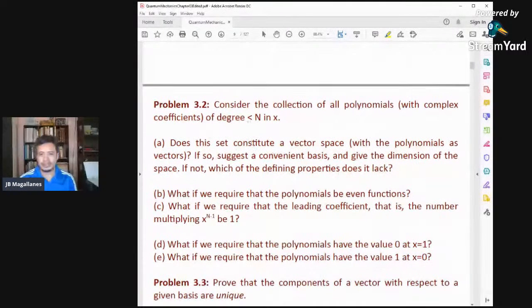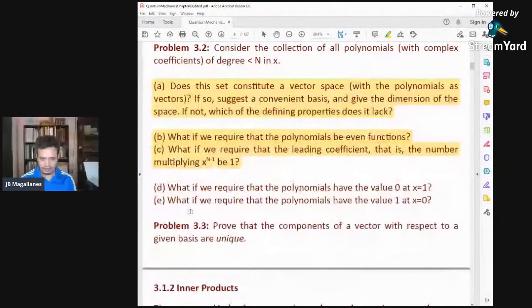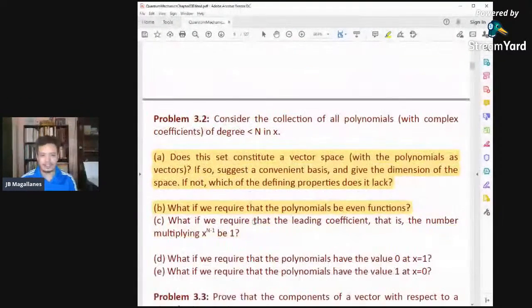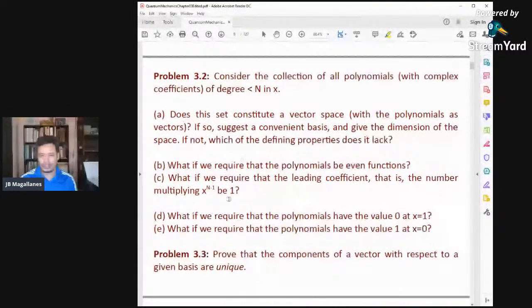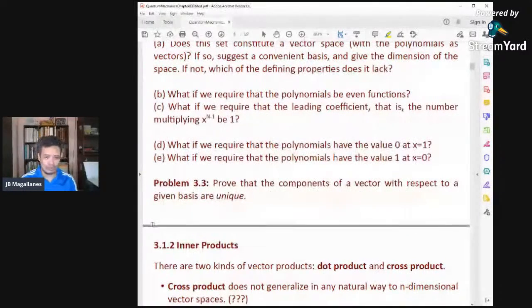So those are the collection of polynomials. So you can also explore this question for that. How about this? How about that? You can ask yourself about this. So you can explore these problems on your own.